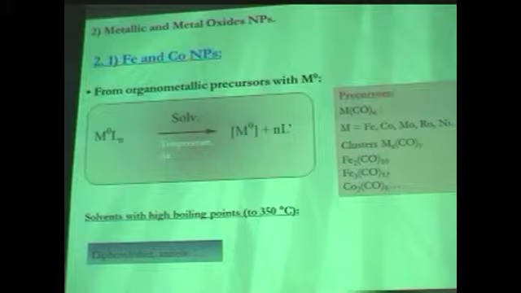I remind you of the previously mentioned slide: we obtain our nanoparticles from organometallic precursors by using the carbonyls of transition metals in solvents with high boiling point, by decomposition, thermolysis of those precursors.